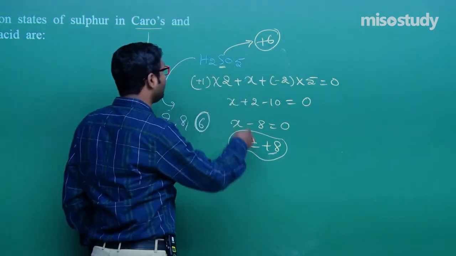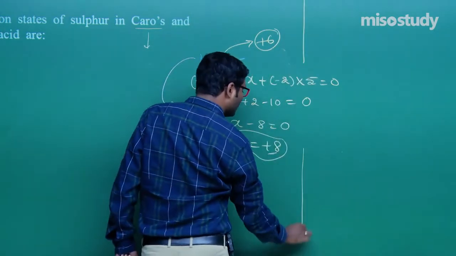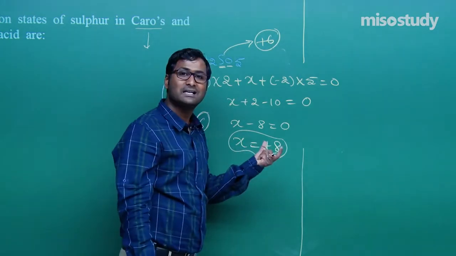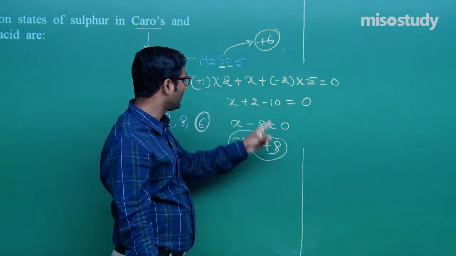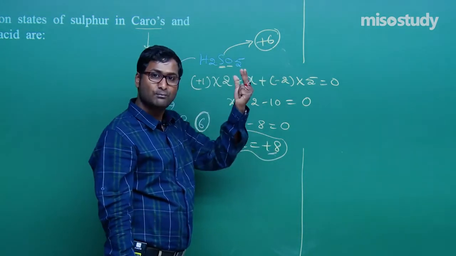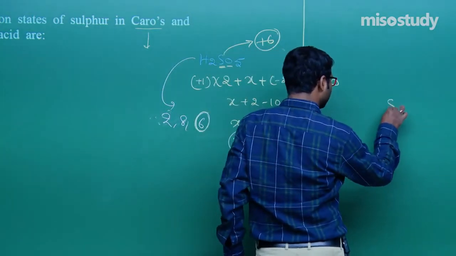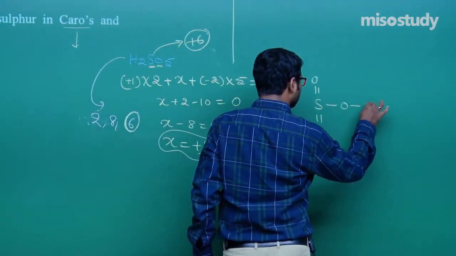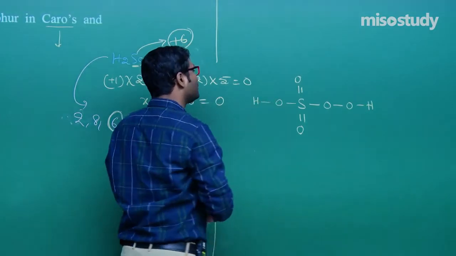That is, definitely there is a peroxy linkage in H2SO5. Clear to you? So one peroxy linkage is there, which involves 2 oxygens, because the difference between the oxidation states 8 and 6 is 2. So one peroxy linkage is there. So what is the structure? This one, this one, this one, this one, then this one, then this one, then this one. Now check it out.